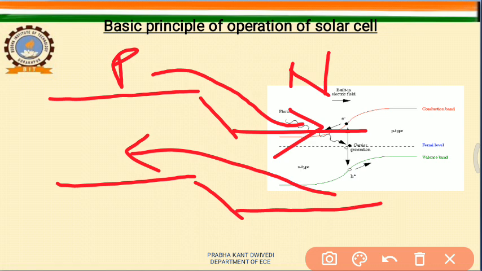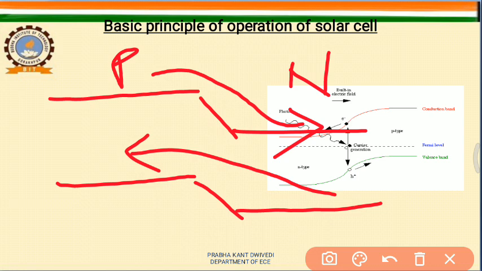After recombination, the electron and hole create the covalent bond again. Due to the recombination, the current in the external circuit is reduced, because these charges do not reach the external wire and cannot contribute any current.